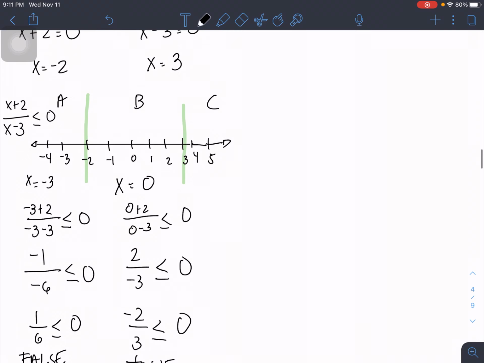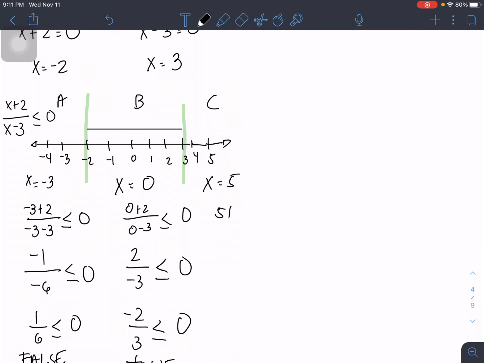So this will be true. Okay? And letter C. So I'll be drawing a line here, limited only to this border line because the border line acts as the shield, or the boundary line. So for C, I'll pick the number 5.